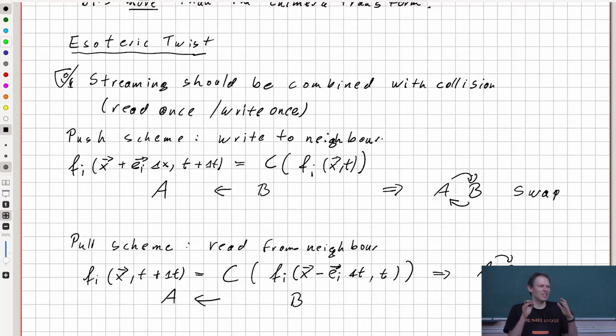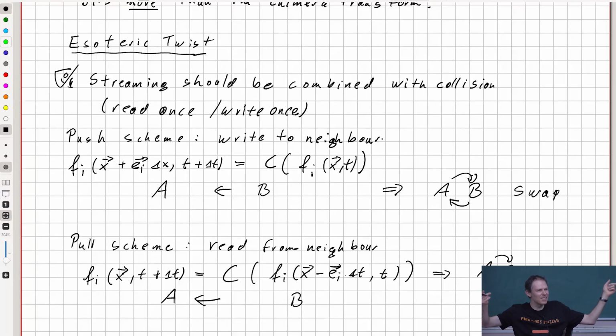What do I mean by reading aligned? Reading aligned is when you read things from one spot, all together. So you read locally, so to speak, and you write far apart. This is what happens when you push things.